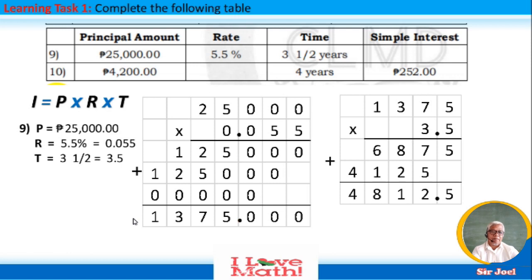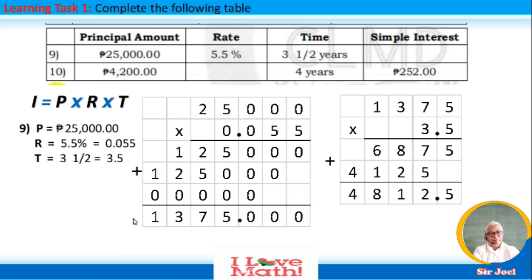So, 1375 times 3.5. Yung 5, pag minultiply sa 1375, that is 6,875. And then 3 multiplied by 1,375 is equivalent to 4,125. So add lang natin 5, bring it down. 7 plus 5 is 12, carry 1.